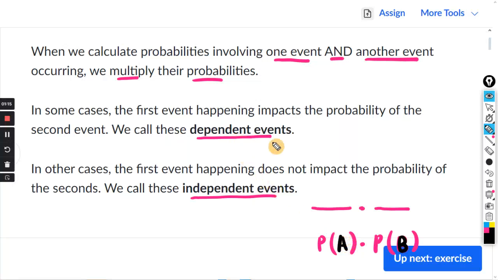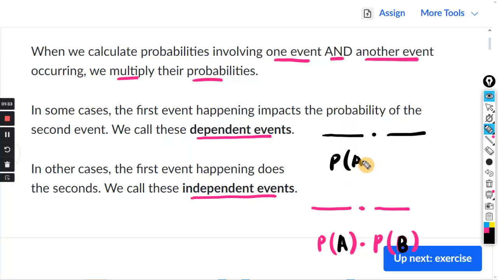But when the events are dependent, you still have two fractions multiplied. It's just that you have to adjust the probability on the second fraction. So in this case, when the events are dependent, it's still going to be the probability of A times the probability of B, given that A already occurred.